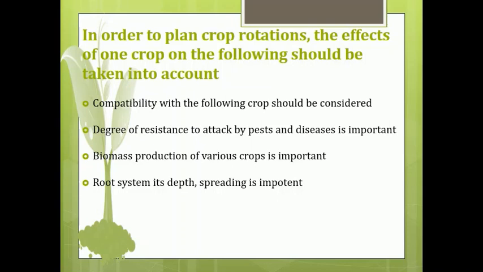When one season involves a shallow rooted crop, in the consecutive season farmers can select deep rooted crops so that the nutrients and moisture from the deeper layers of the soil profile could also be utilized very effectively.